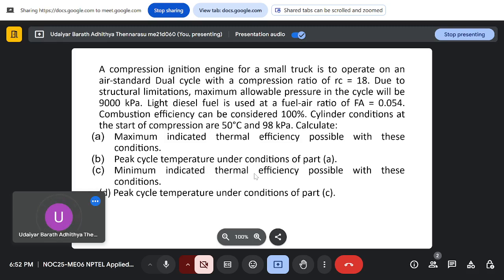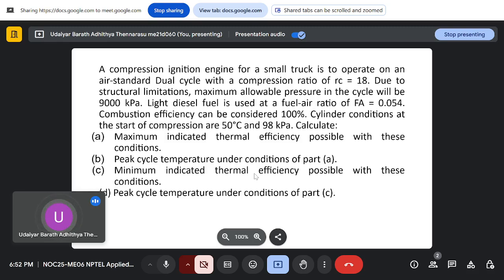Moving on to the next one, we have a compression ignition engine for a small truck that is to operate on an air standard dual cycle with a compression ratio of RC equals 18. Due to structural limitation, the maximum allowable pressure in the cycle will be 9000 kilopascal.